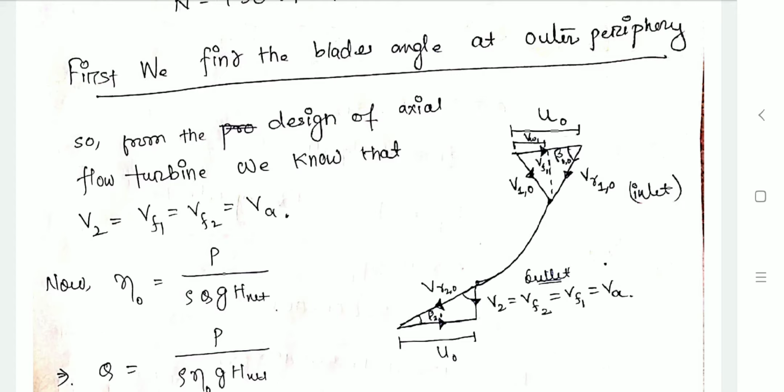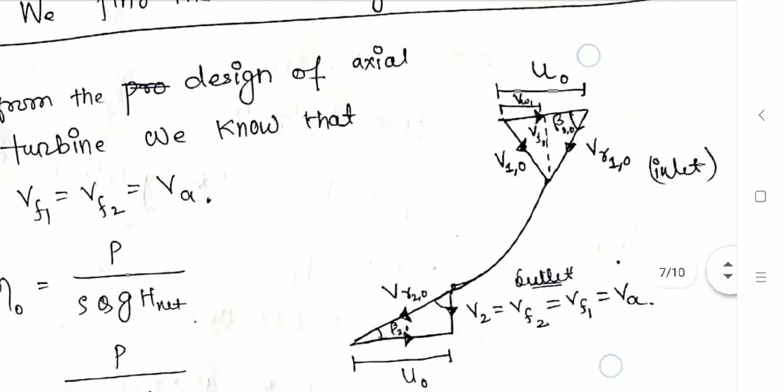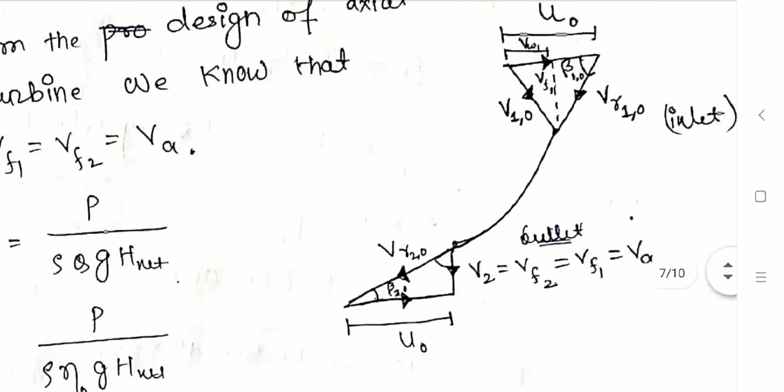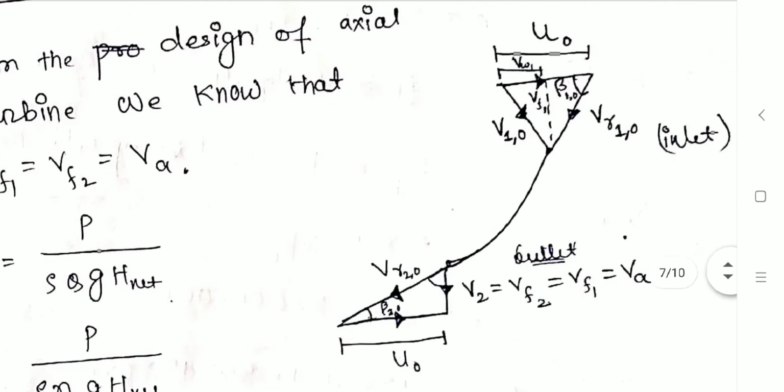So here we can see the inlet and outlet triangles. The subscript O I give for the outer periphery, and the subscript H is for the hub. So in this picture I draw the inlet and outlet velocity triangles for the blade at the outer periphery.